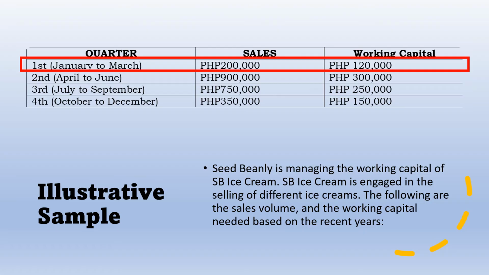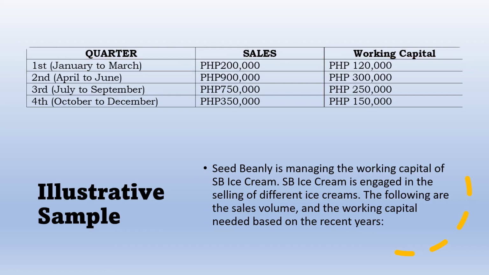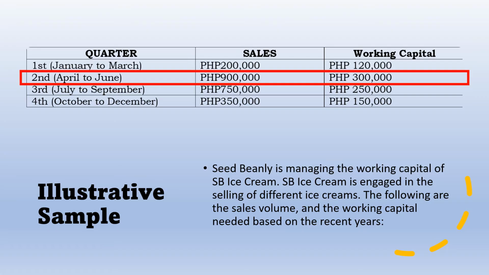For the first quarter, we earned sales of 200,000 pesos and the working capital needed is 120,000 pesos. For the second quarter, we earned 900,000 pesos and the working capital for this is 300,000 pesos.